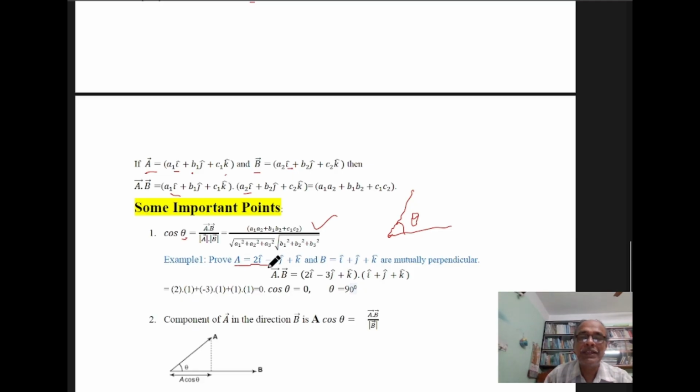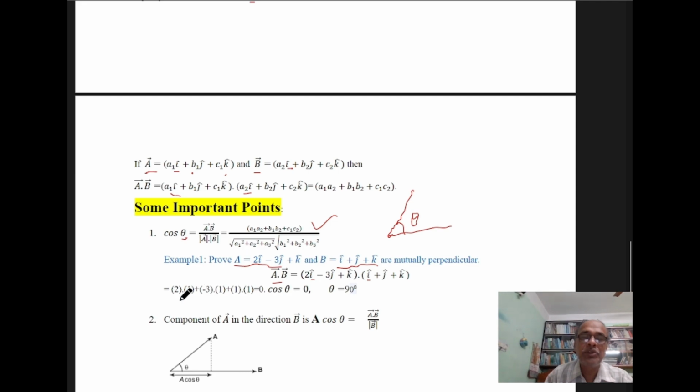Suppose two vectors, vector A and vector B are there. You have to prove these are mutually perpendicular. So for A dot B, you take the dot product. Okay. So this is (2i minus 3j plus k) into (i plus j plus k). Only the unit vector products with themselves will be there, otherwise all the products will be 0.